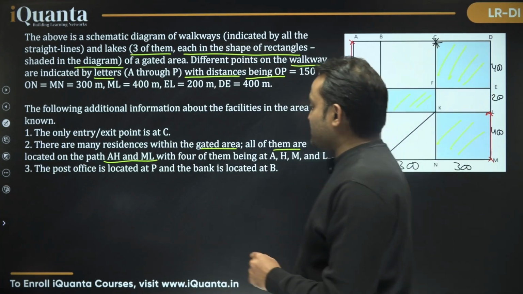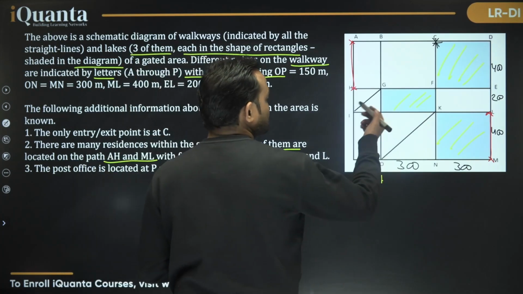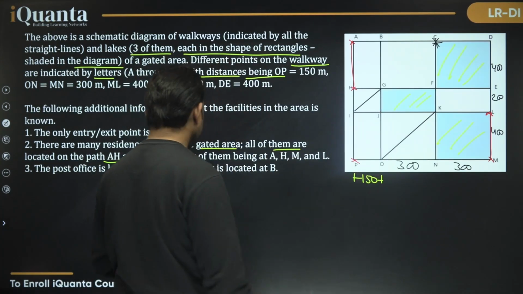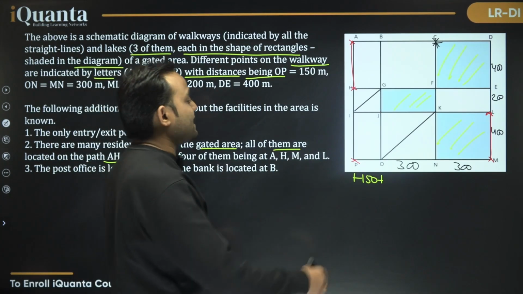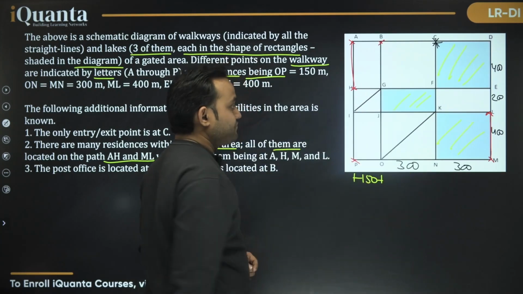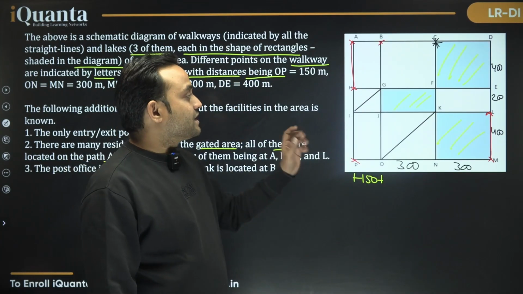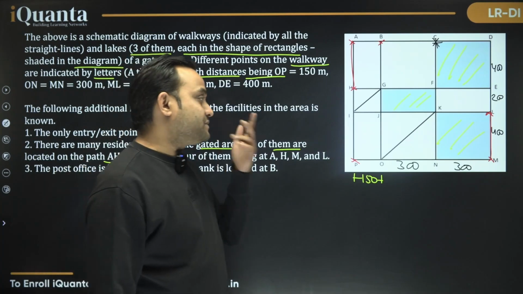The post office is located at P, and the bank is located at B. These are the information that has been given.